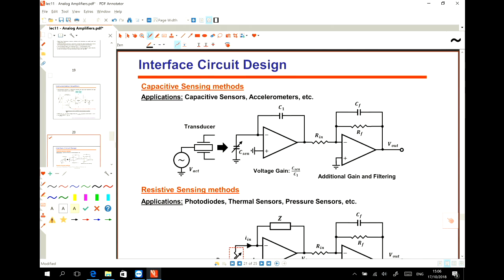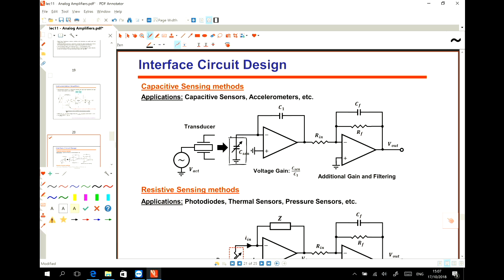How are we going to connect our amplifiers to a load? For example, if we have a sensor whose output is a capacitor, how can we measure the capacitance of this sensor using the amplifier? This is the method we are going to use. We apply our variable capacitor, which is coming from our sensor. So our sensor output is a kind of capacitive load.